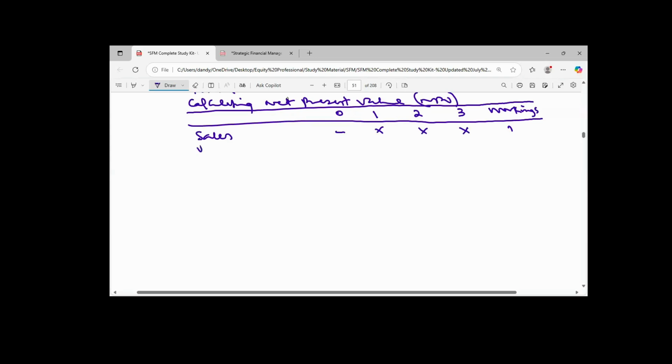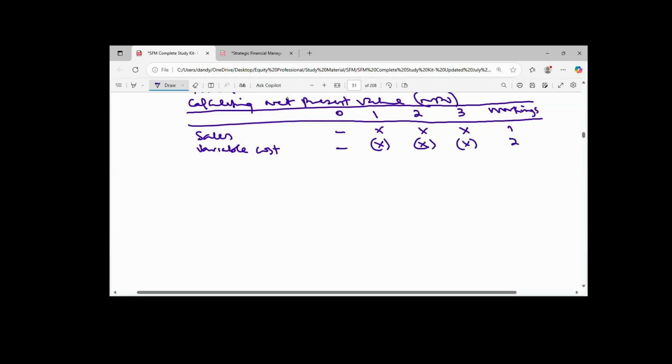Then in the question, you are also given variable cost. You go to the question, what is the variable cost per unit? Before you multiply the variable cost per unit with the number of units produced, you need to consider if you are given an inflation rate on variable cost, then you inflate the variable cost, you multiply with the number of units produced, then you come and post. It's a cash outflow.